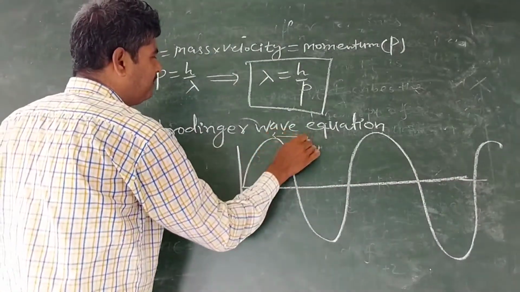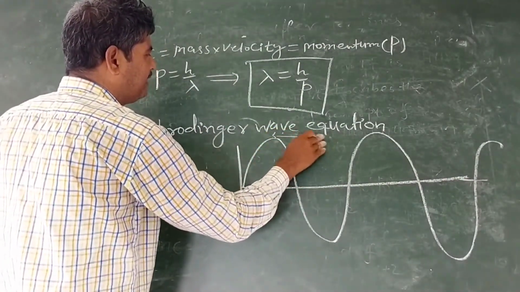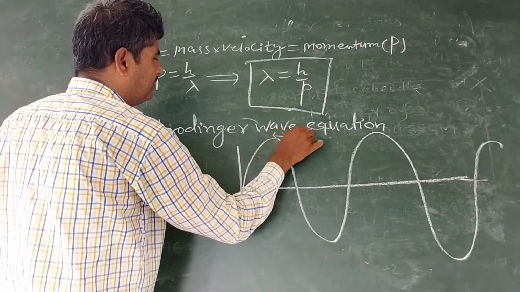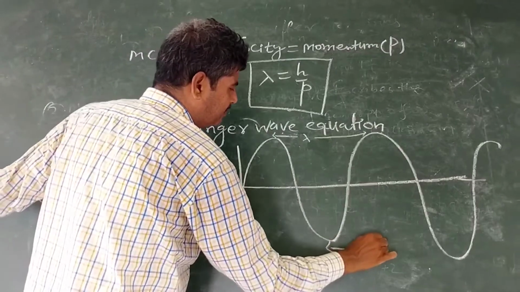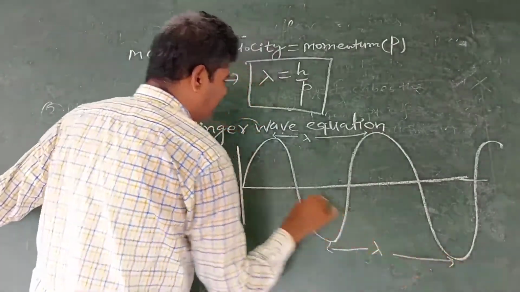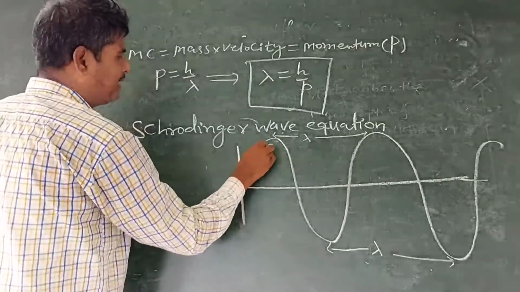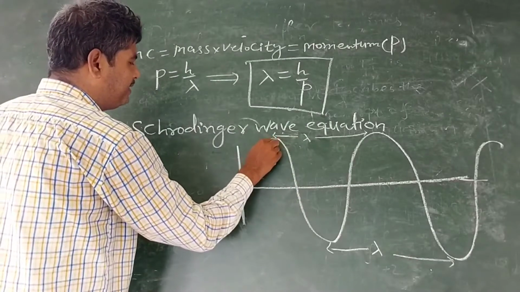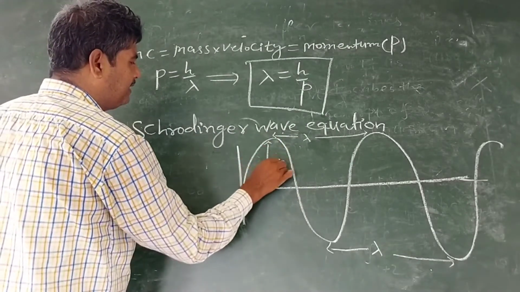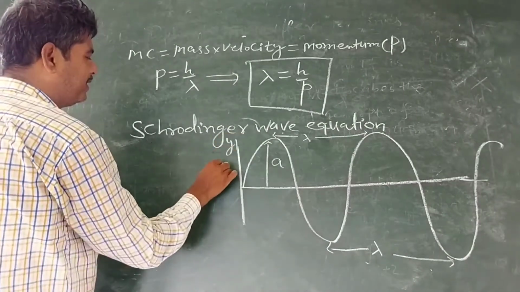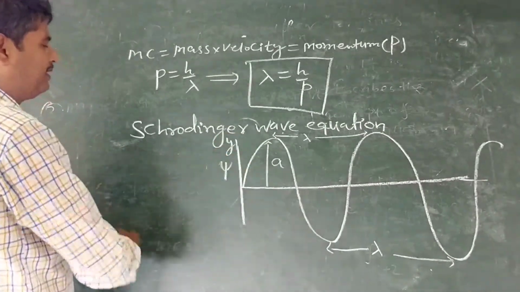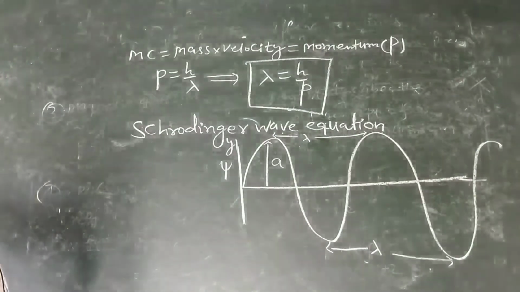The distance between two consecutive, that is successive, crests or troughs is known as wavelength. The maximum displacement of the particle of the medium is called amplitude. So this distance is the amplitude. This is the y-axis and displacement along the y-axis is represented by the special symbol psi.